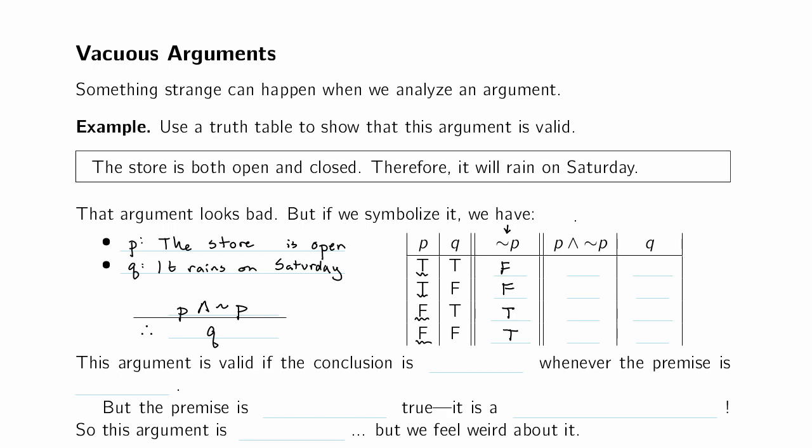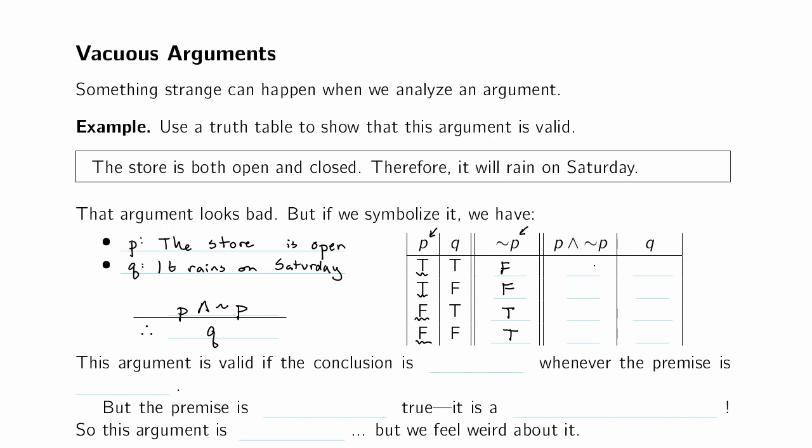But then to compute P and not P, we'll need to look at the not P column and the P column. And the conjunction is only true when both of those are true at the same time. And we can see that that never happens.